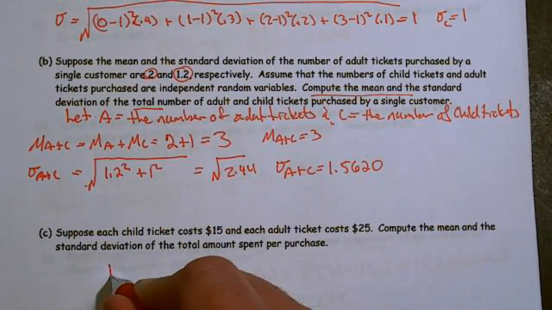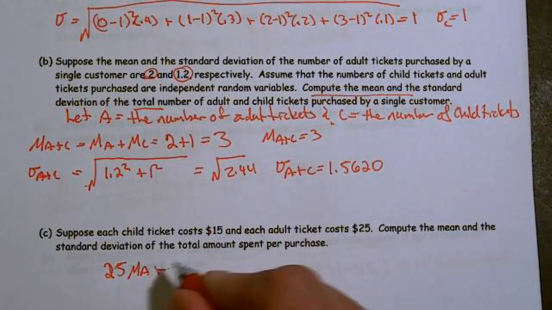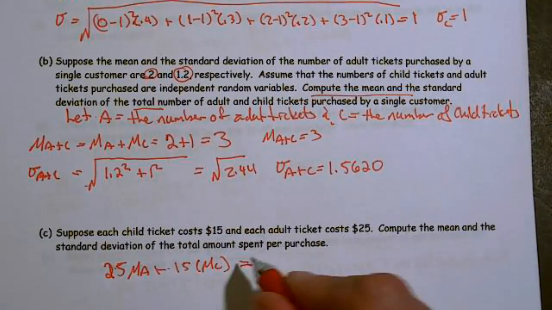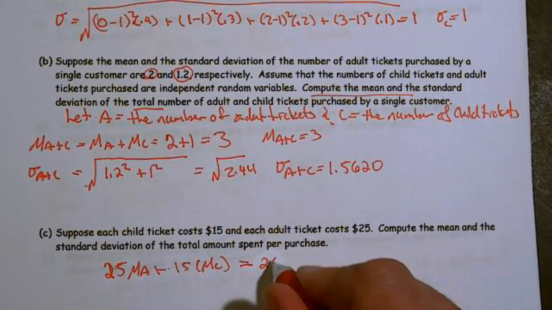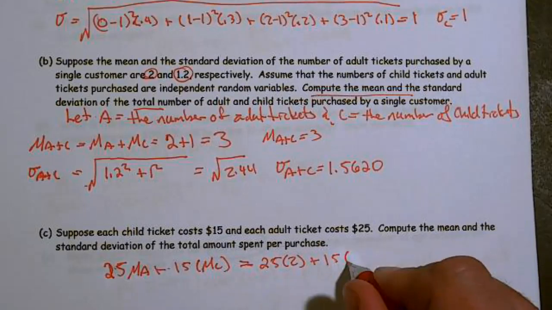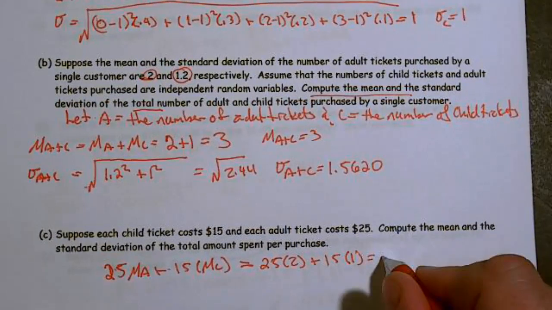So that's going to be $25 times the mean of the adult plus $15 times the mean of the C, which equals 25 times 2 plus 15 times 1.